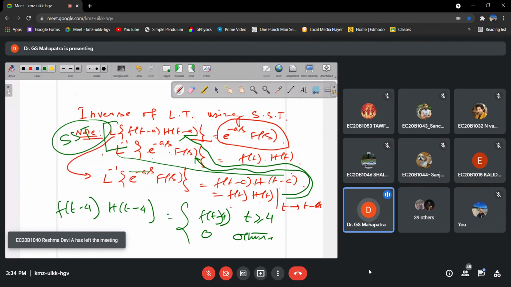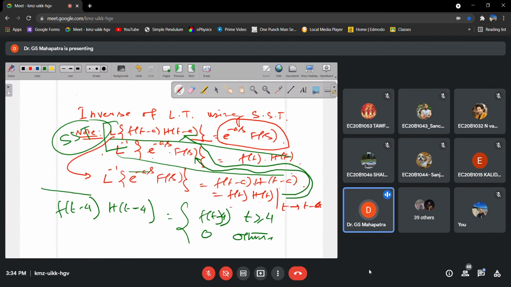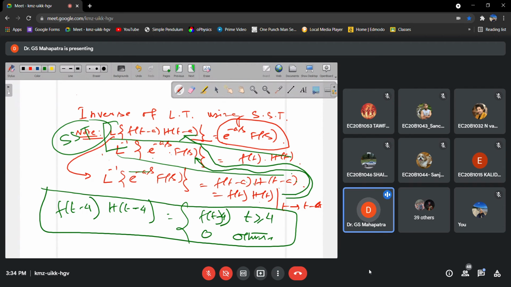So not like that. This one is the theorem of Laplace transform. This one, there is no relation between this function and the Laplace transform. So the answer is this one: f of t minus 4.